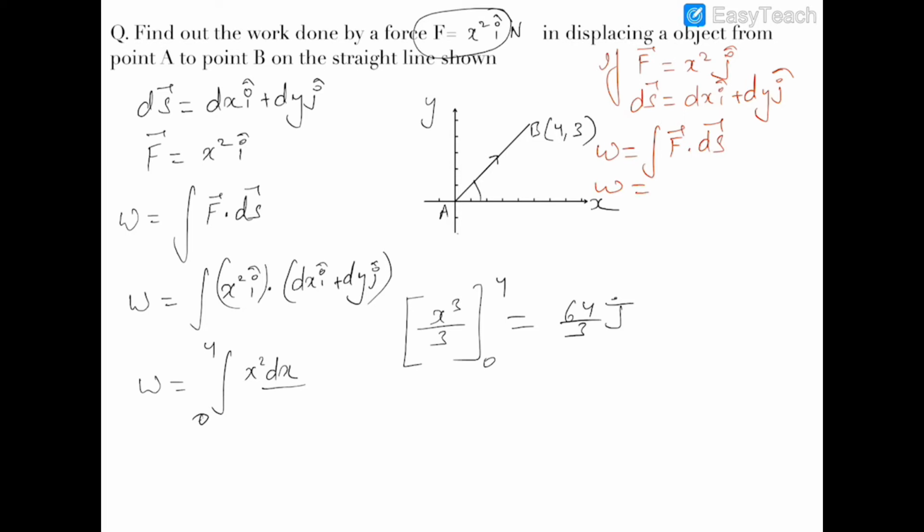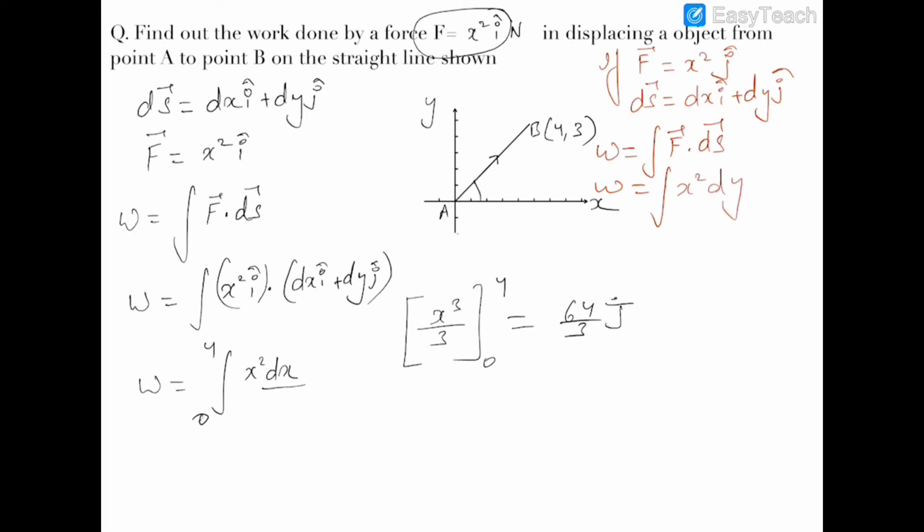Now when you multiply this F and ds with scalar product, j cap dot j cap will be 1 and j cap dot i cap will be 0. So it would be x squared dy.